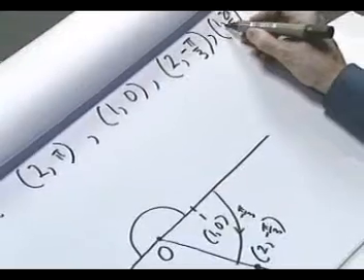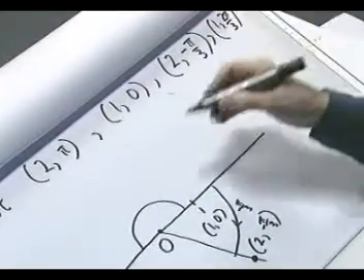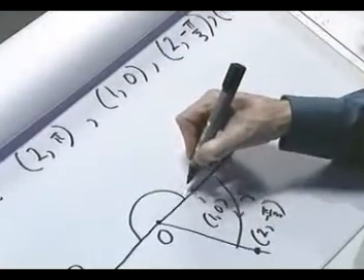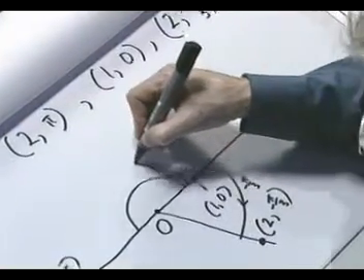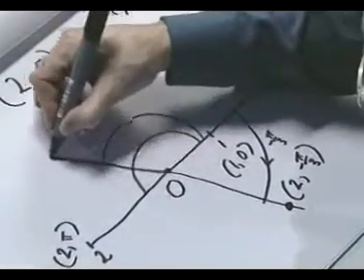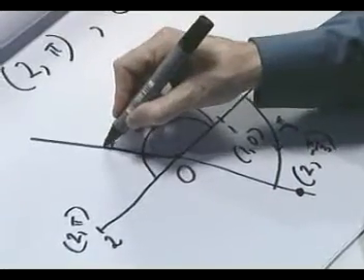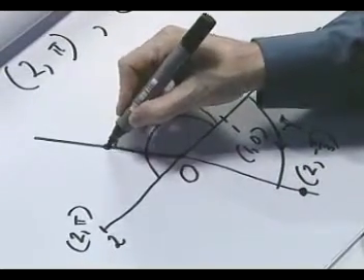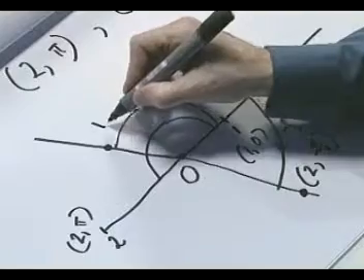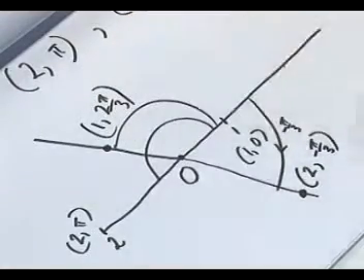And finally we've got the point 1, 2/3 of pi. So we take the 2/3, that's going all the way around to there, and we draw out through there, and we want a distance of 1 along there, which roughly, according to the scale we're using, is about there. And so that's the point 1, 2/3 of pi.